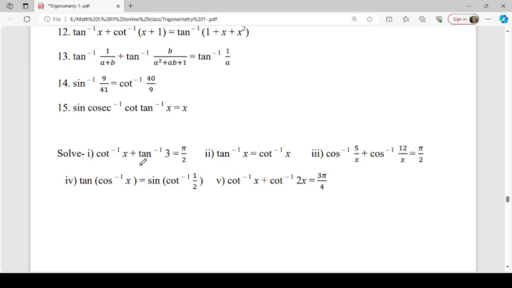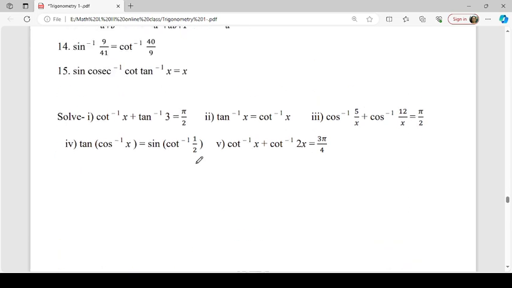So these are the solutions. Cot inverse x plus tan inverse x is equal to pi by 2. Cot inverse x is tan inverse 1 by x, then we add it just as this.